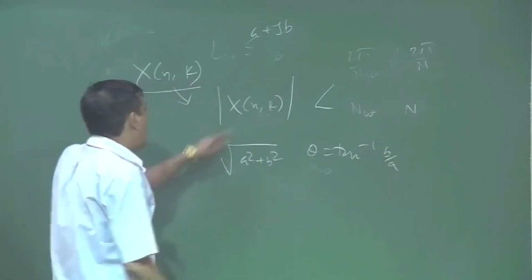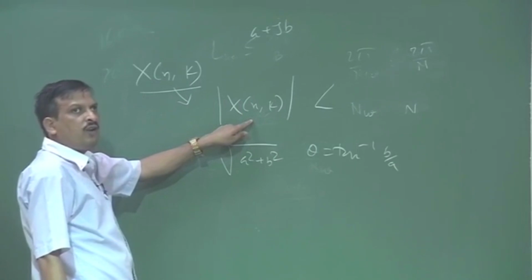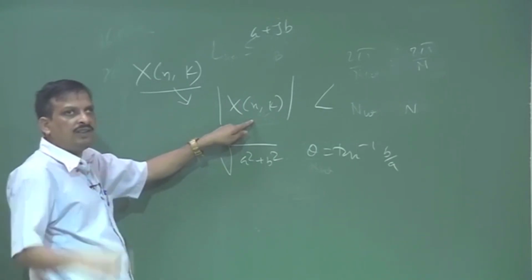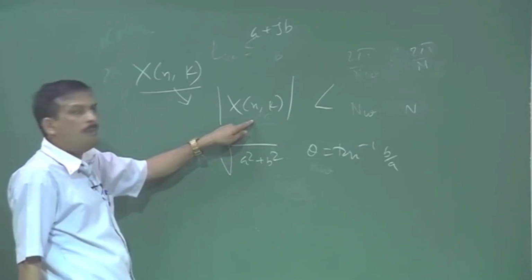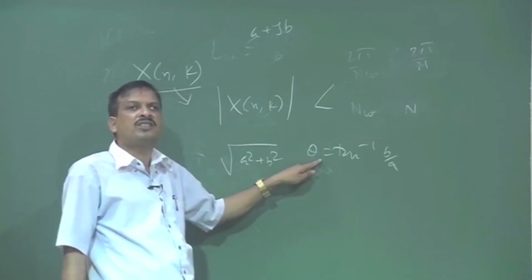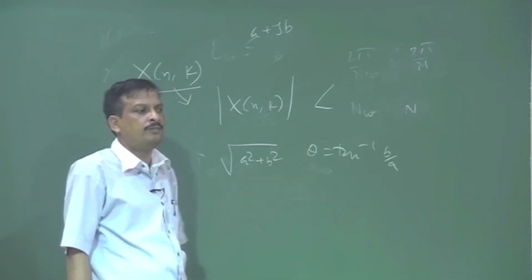If I draw magnitude with respect to frequency, I call it magnitude spectra, which I have already discussed in the beginning class. If I draw frequency versus theta, I call it phase spectra.